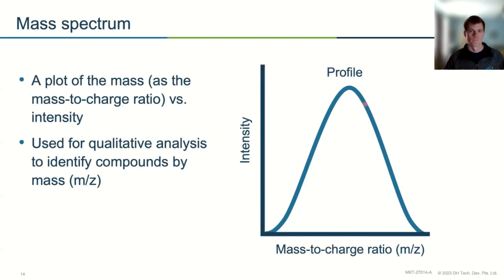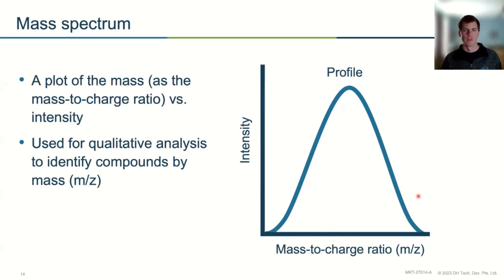We call this a profile mass spectrum, and it's showing you the apex, but it's also showing you that those ions didn't perfectly move through the detector. There was some dispersion, and you will see the correct mass and then a collection of that spread.